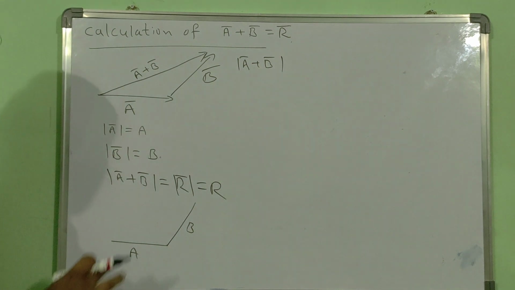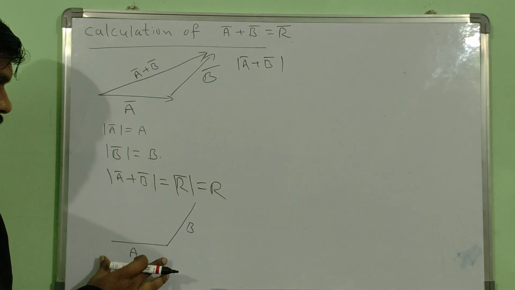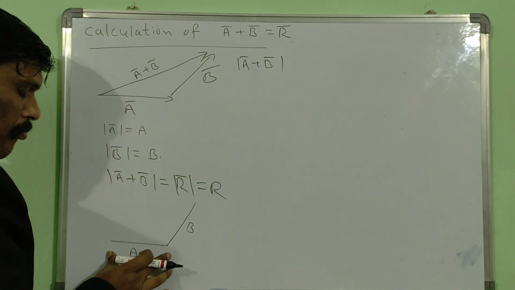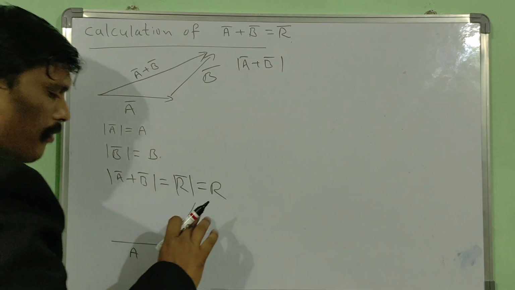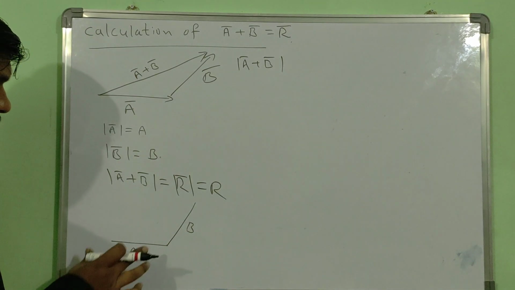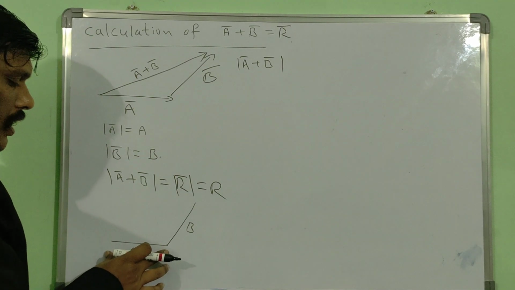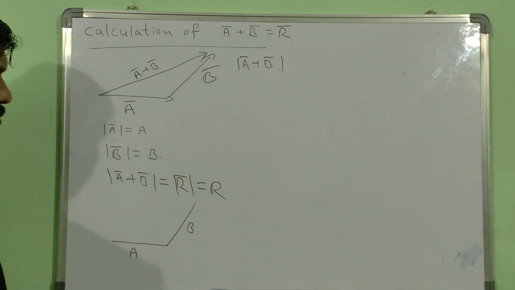That's why, instead of vectors, I am going to consider the magnitude of A bar. This is the magnitude of B bar. That is the length of the vector A bar, and the length of the vector B bar.